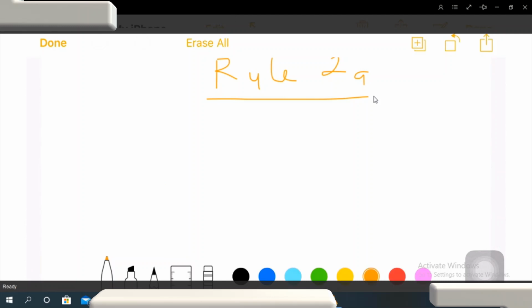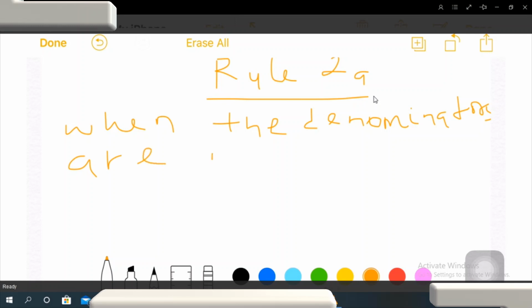So rule 2a is when the denominators are not the same. So now this is a different thing.